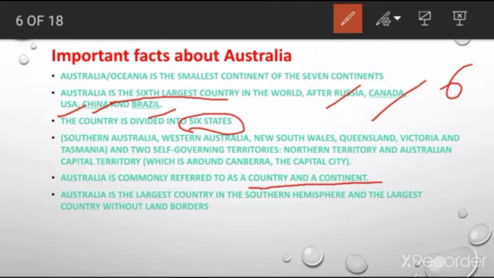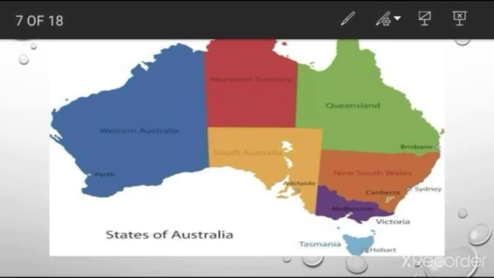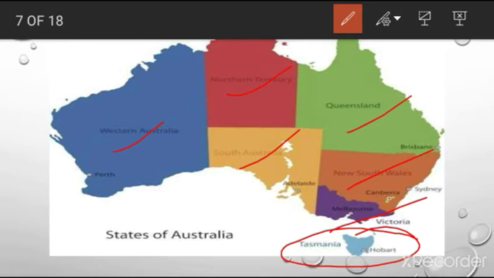Australia is the largest country in the southern hemisphere and the largest country without any land borders. This is our Australia, and this is Western Australia, Northern Australia, Southern Australia, Queensland, New South Wales, and Victoria, and this is Tasmania. Tasmania is also an island.